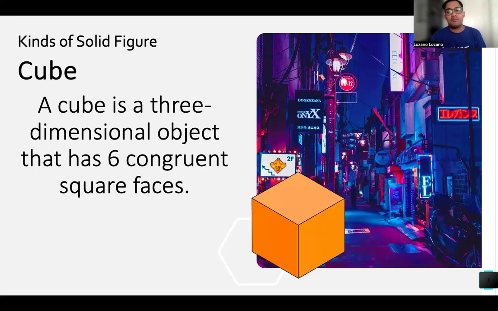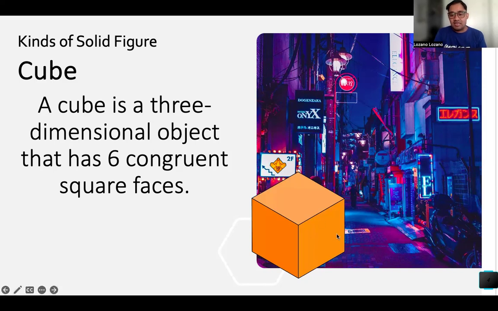Next, we have a cube. A cube is a three-dimensional object that has six congruent square faces. Pag sinabi natin congruent, ibig sabihin pare-pareho yung kanilang sizes and shape. Ibig sabihin magkakamukha. They are equivalent and congruent sides. Syempre, if there are faces, meron itong tinatawag na planes or yung faces.